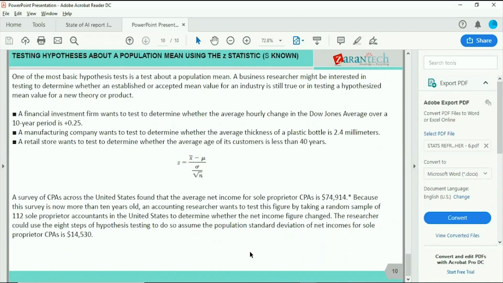Okay. And the sample mean. What else do we need? X bar, the sample mean. Okay, the sample mean is 78,695.